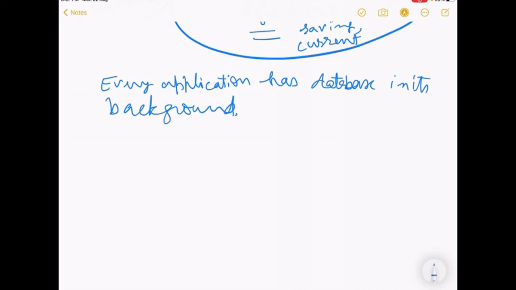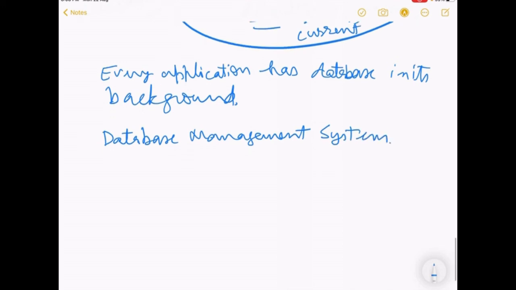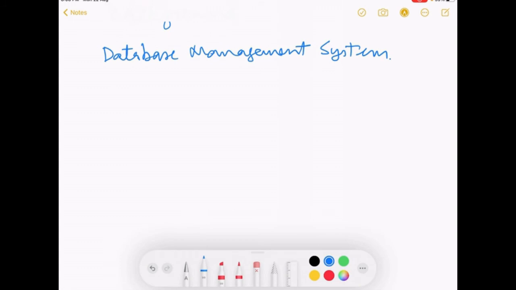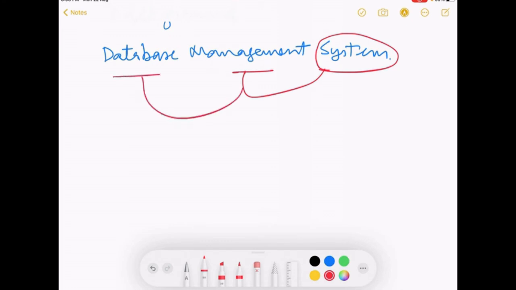Now we come to the next term, that is database management system. It is a system that manages databases.